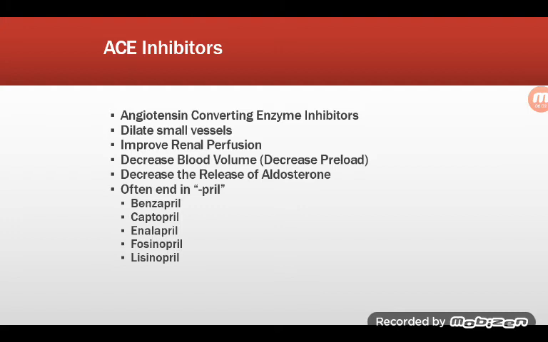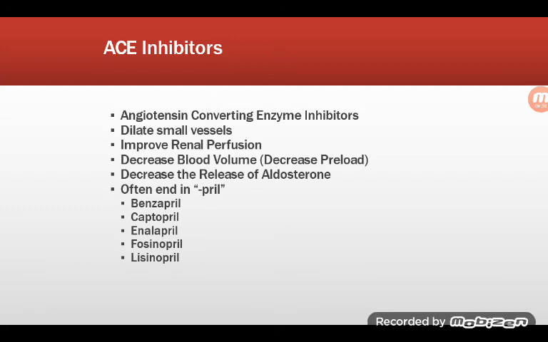They often end in pril, things like benazepril, captopril, enalapril, fosinopril, and the most famous one, lisinopril. They're famous for causing a dry cough due to bradykinin accumulation in the lungs, which is a partial inflammatory response in the lungs. And they also can cause some angioedema, which is some localized inflammation and swelling that can happen.